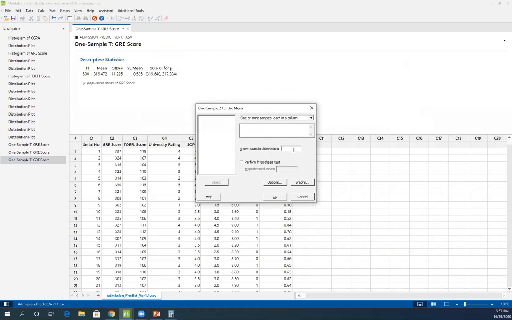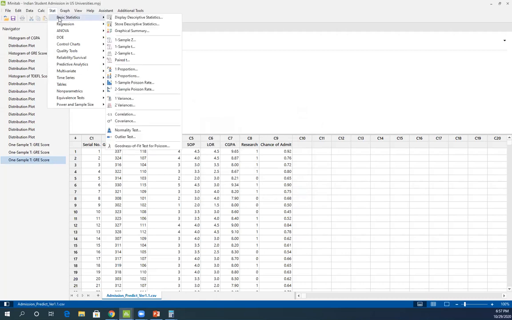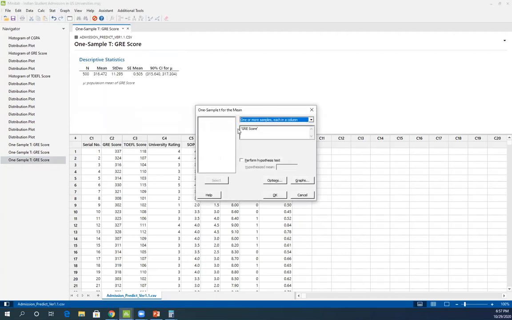If I know the standard deviation of all 22,000 Indian students, then I can use the Z test. Otherwise, what am I going to do? Stat, Basic, and t test. Because it does not ask for the standard deviation, it automatically calculates it from the sample.